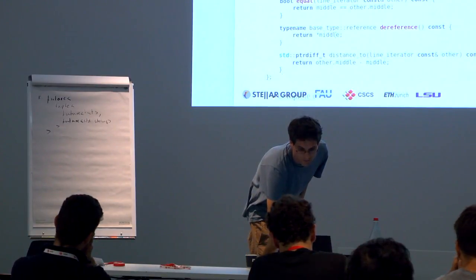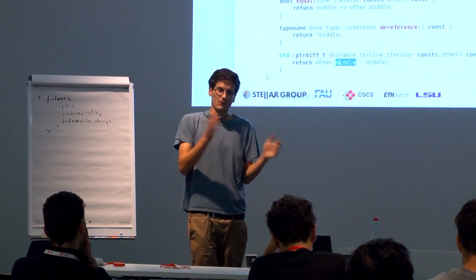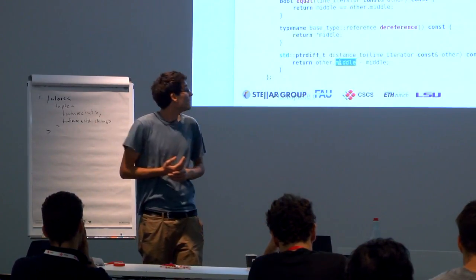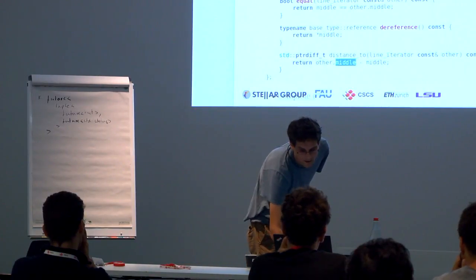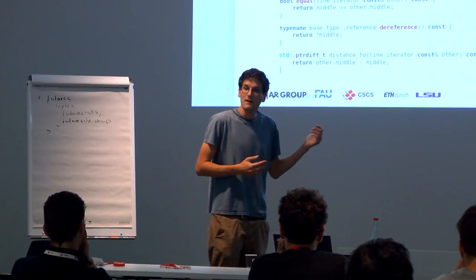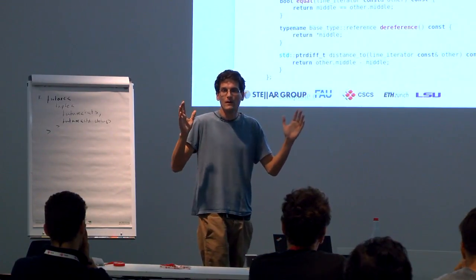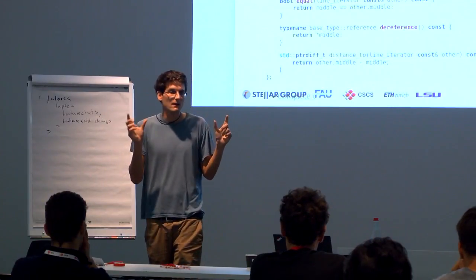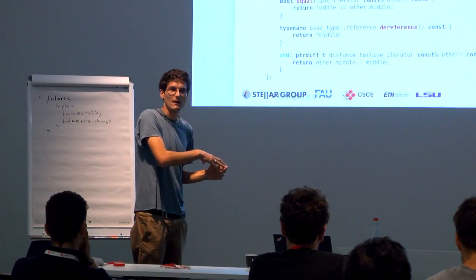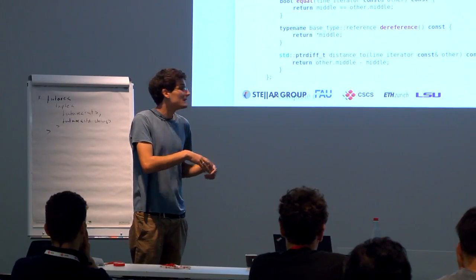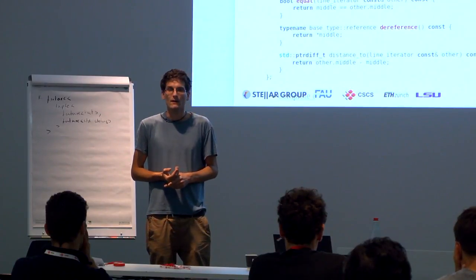You want to be able to dereference the iterator, and you want to be able to compute the distance from one iterator to another. And by deriving from that class and implementing all the functionality that I showed on the last slide, you have a full-blown iterator that you can use in any standard algorithm you want, including the parallel algorithms. So that's a very nice utility and a very nice property of this iterator, right?